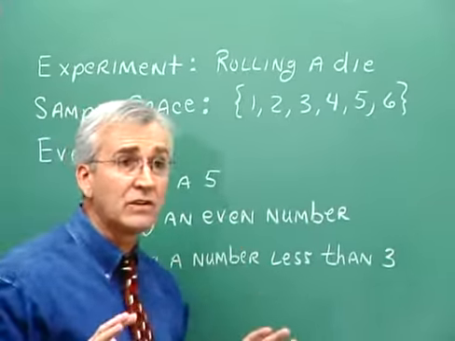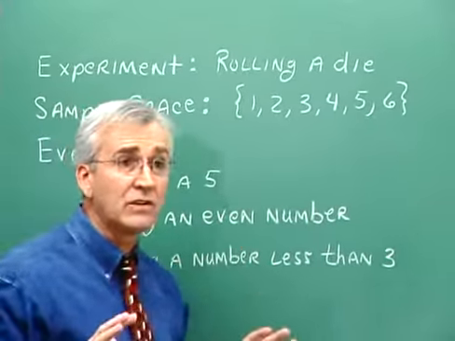Let's talk about probability. The probability that some event will occur is calculated as favorable outcomes, the number of favorable outcomes, over the number of possible outcomes. So, rolling a die, if we want to find the probability that a 5 comes up when we roll, then how many favorable outcomes are there?